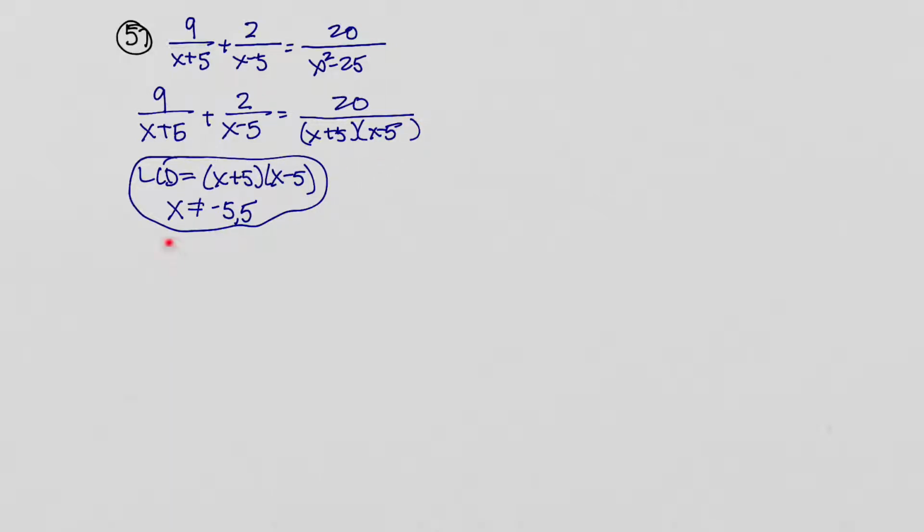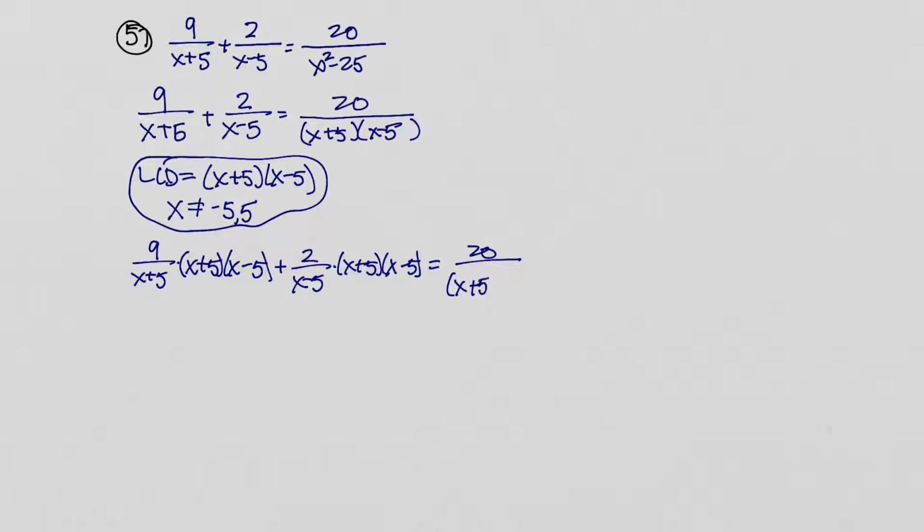So we're going to get, see if I can write it, 9 over x plus 5 times the x plus 5, x minus 5, plus 2 over x minus 5 times the x plus 5, x minus 5 equals 20 over x plus 5, x minus 5 times that x plus 5, x minus 5.